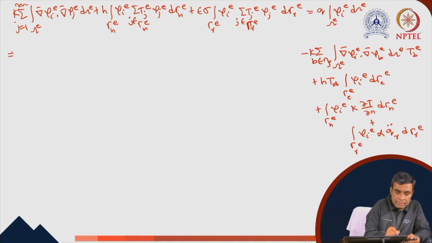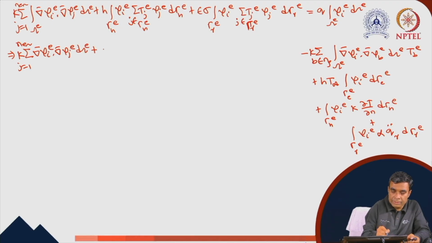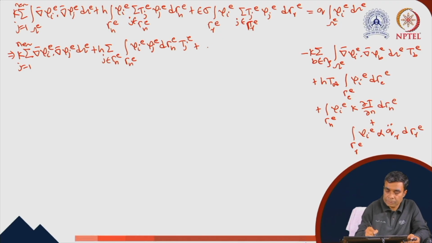So we can simplify this portion as k into summation over j equals 1 to nen gradient of psi ie dot gradient of psi je d omega e plus h into summation over j belongs to gamma he integration over gamma he of psi ie psi je d gamma he into tje plus summation over j belongs to gamma re integration over gamma re of psi ie.